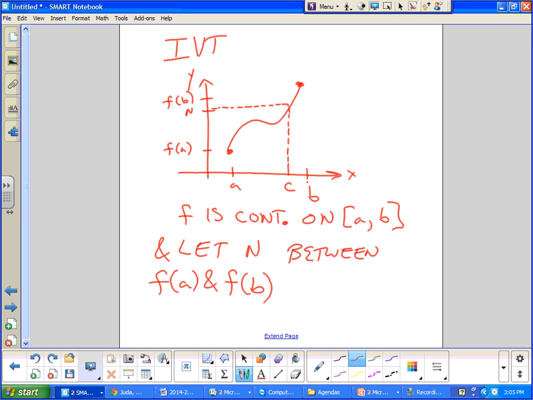We better make sure of one thing. What do we know about f of A and f of B? They're not equal. Do you guys agree? These are different values, because I'll show you in a second why f of A and f of B can't be equal.